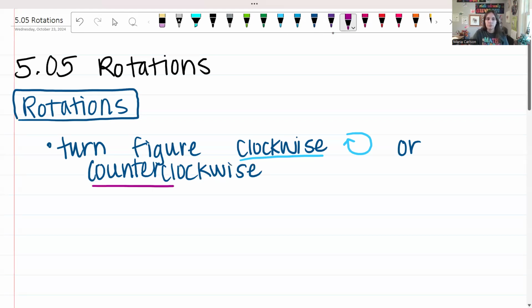So it'll either turn your figure clockwise or counterclockwise.